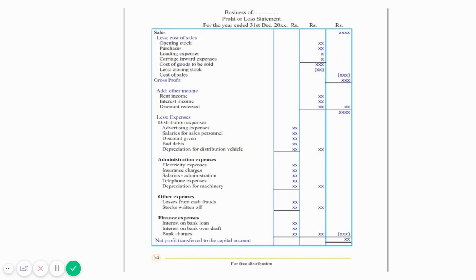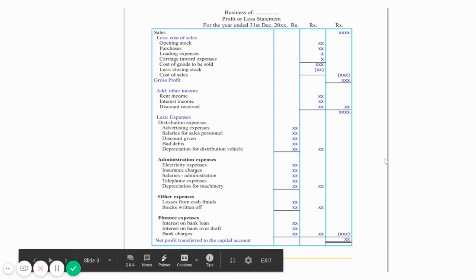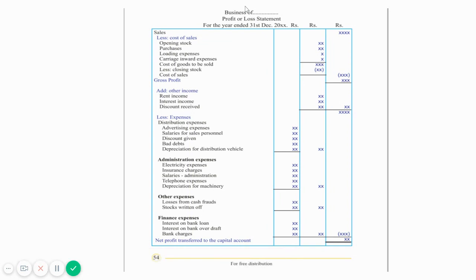So this is the format. Now you have learned the whole format. Again, in a sum, when you are given the name of the business, you have to start up the sum like this. You have to take one full page and divide it into 3 like this.